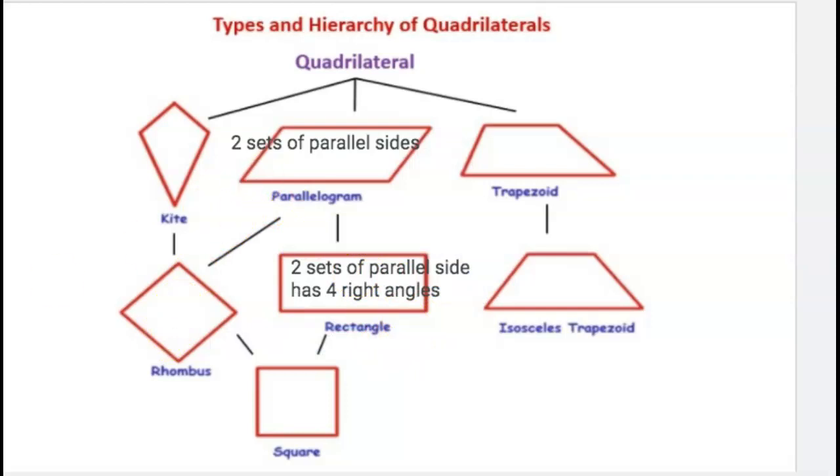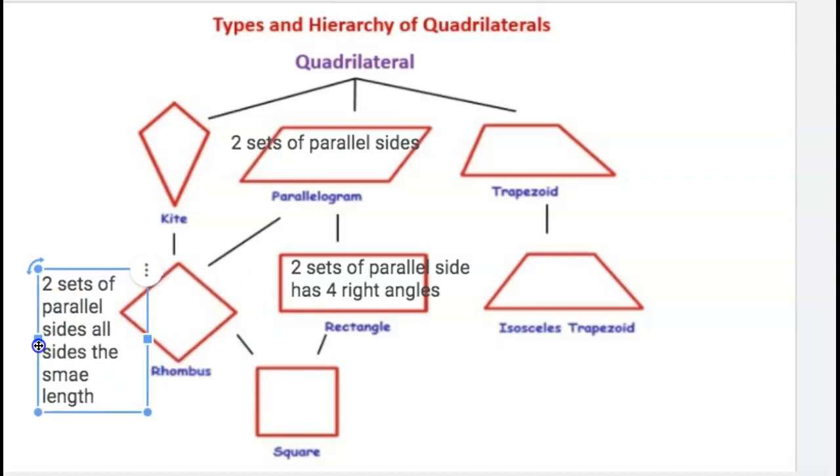Now over here you have the rhombus. The rhombus also has 2 sets of parallel sides. One here, that's a set, and that's a set. But with a rhombus, all sides are the same. So it has 2 sets of parallel sides, and all sides are the same length.